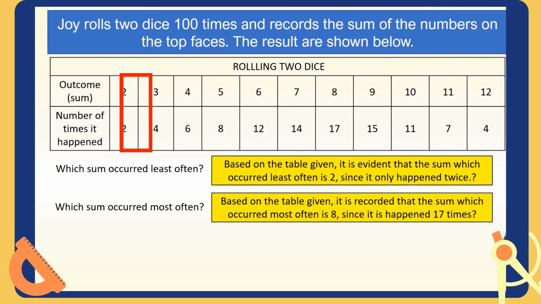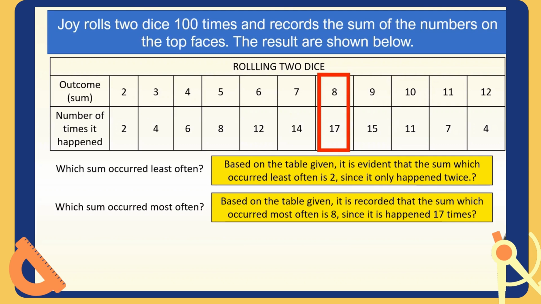So, ito siya. Okay? Mas maraming lumabas ang 8 na sum kasi ito ay 17 times lumabas. So, ayan po ang most often. Mas maraming lumabas na ang sum ay 8 kasi ito ay 17 times na lumabas na ang sum ng dalawang dice ay 8.